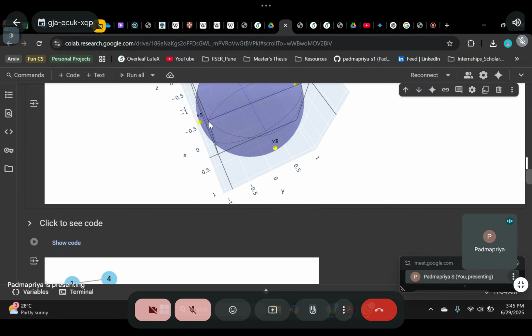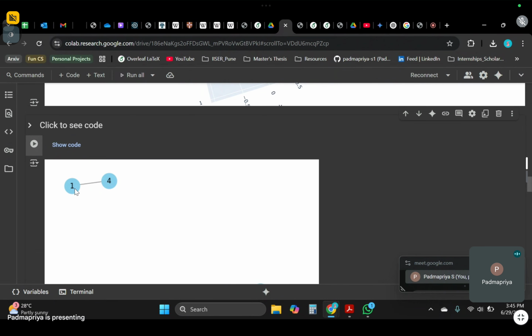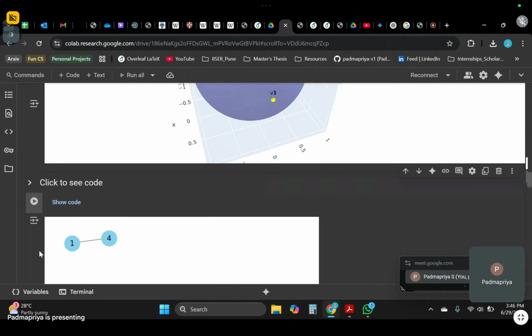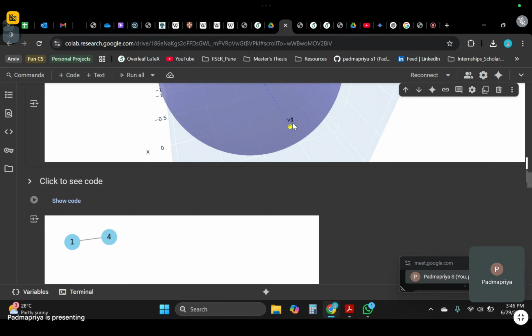Because they are neighbors, they are far apart. Vertex 2 corresponds to vertex 1 and vertex 5 corresponds to vertex 4 because the numbering is from 0. So these are neighbors, so they are far apart over there. For another example, 0 and 2 are non-neighbors, which means 1 and 3 are non-neighbors. 1 and 3 are exactly superimposed here.